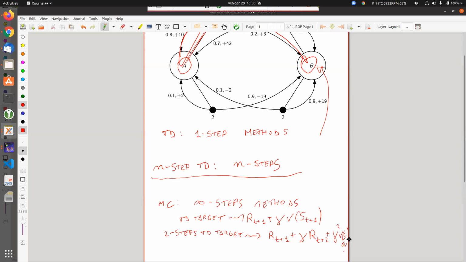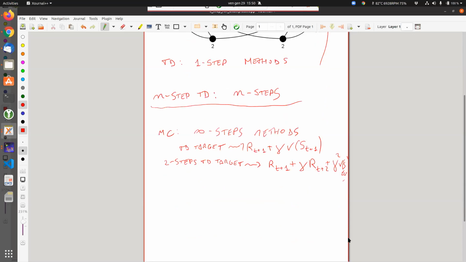Okay, so you have several targets. Let's call the first one target T1, the second one target T2, and so on. We have all these targets. Well, I can use as a target every weighted combination of these targets, as soon as the weights sum to 1.